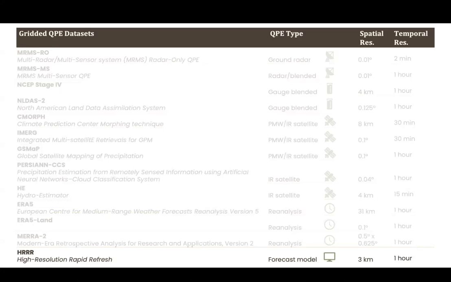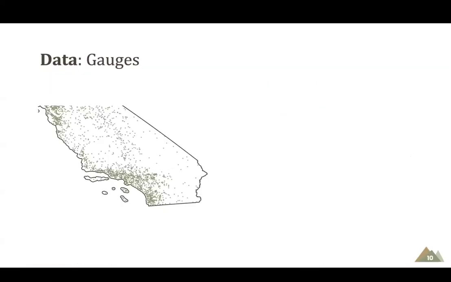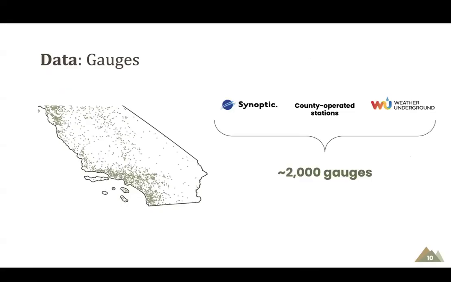To compare against all of these gridded products, I also compiled a fairly extensive set of gauge data over the study area. This is showing the locations of all of the gauges. They came from a few different sources, but altogether I had about 2,000, and I put them all through the same quality control process before I used them to compare to the gridded QPEs.